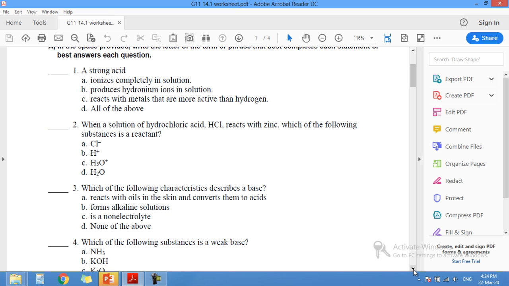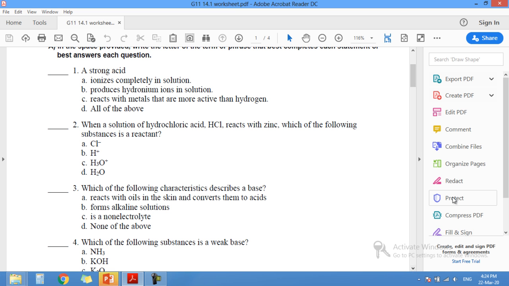2. When a solution of hydrochloric acid HCl reacts with zinc, which of the following substances is a reactant? A, Cl negative; B, H positive; C, H3O positive; D, H2O.